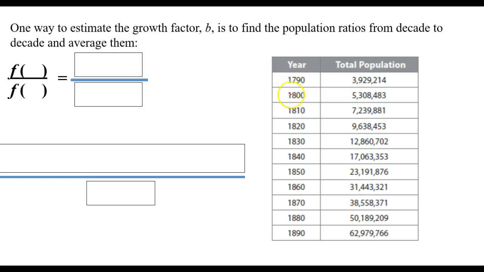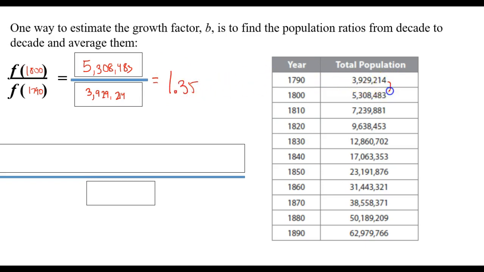So for this one, from about 1800 to 1790, we have a value of about 5 million and some change, divided by 3,929,214. If we divide this out, that would be about 1.35.